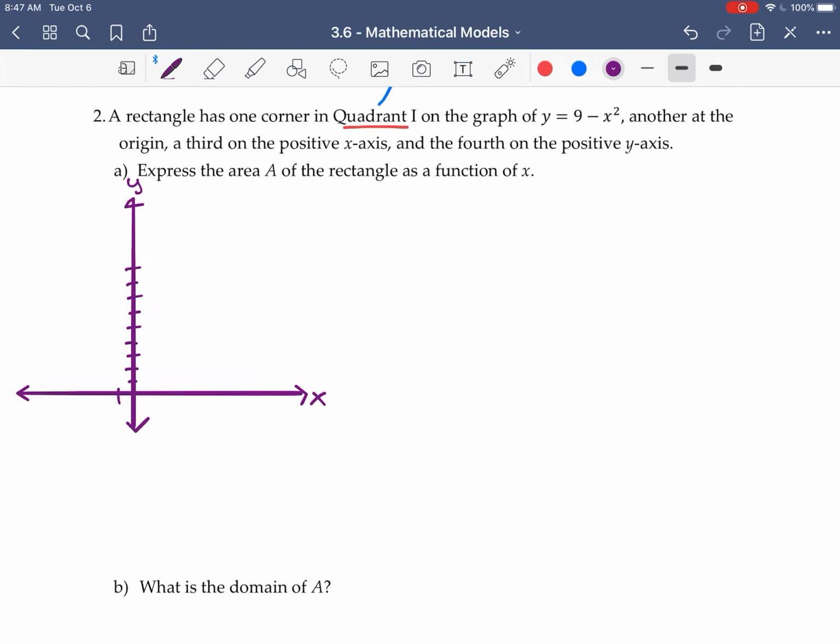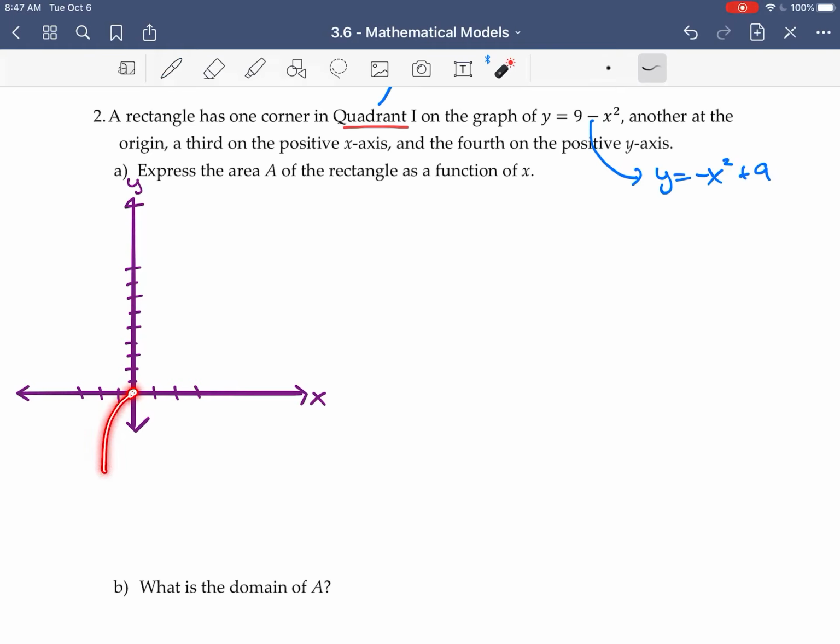Now, what does this graph look like up here? Maybe I should just rewrite this. This is actually y equals negative x squared plus 9. So it's been flipped over the x-axis because of the negative sign.